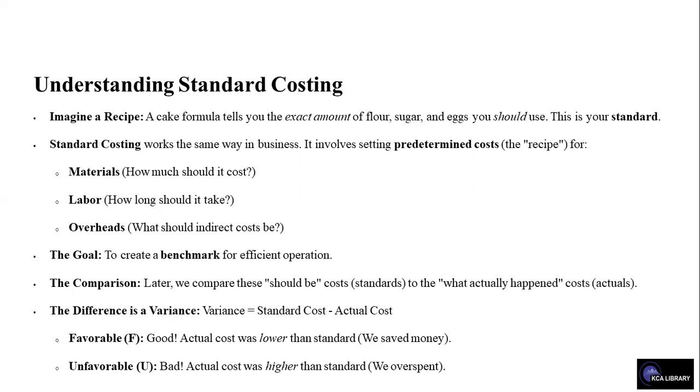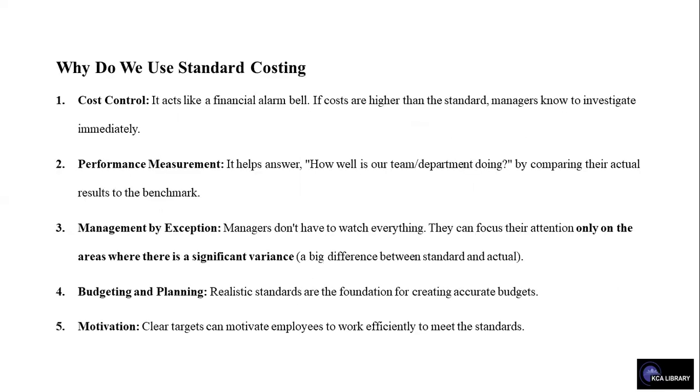Favorable is when it is good, that is, the actual cost was lower than the standard, meaning we save money. Unfavorable means a bad outcome, which means the actual cost was higher than the standard, meaning that we overspent.